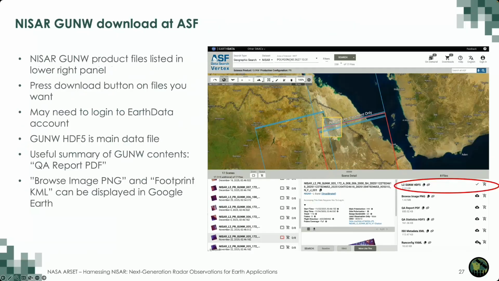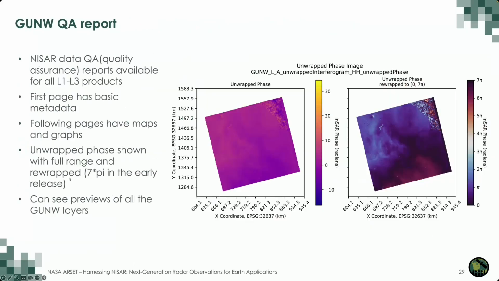And then it's not visible here because I haven't scrolled down in this slide. There's another file called the footprint KML.